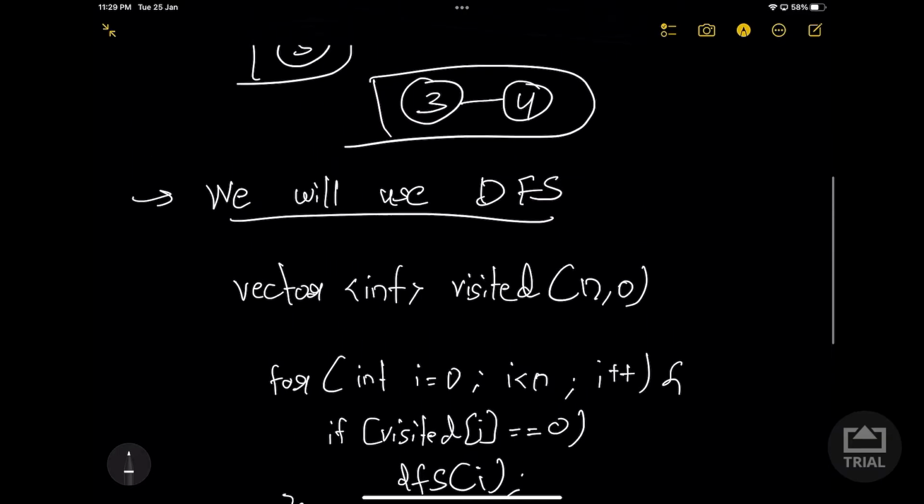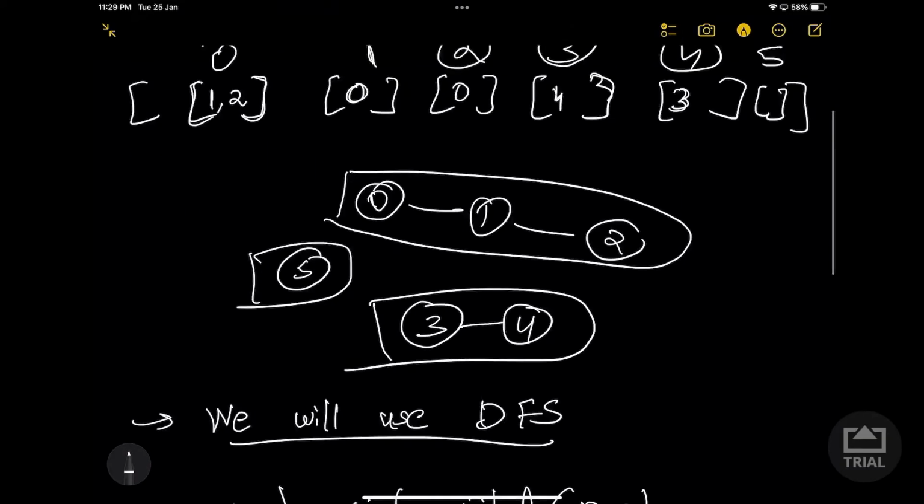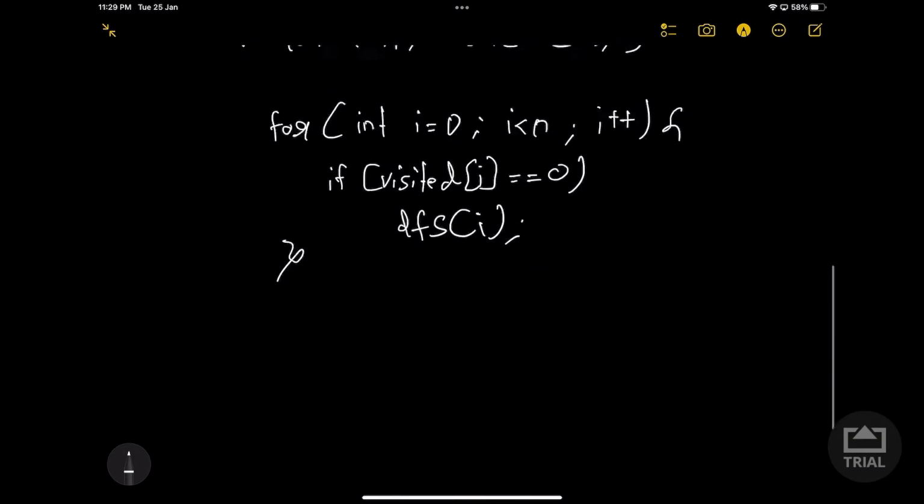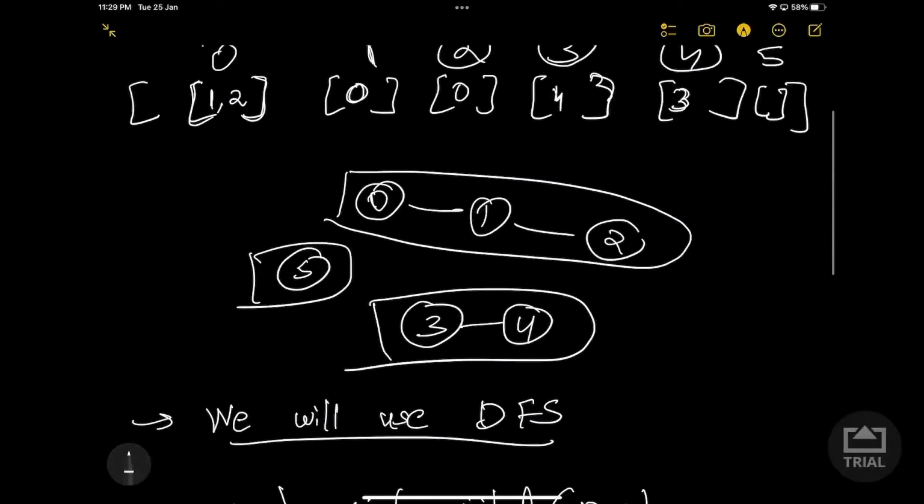So let's see what our DFS will do. Suppose the first node is the 0th node, so we applied DFS for this node. Our DFS function will mark this node as 1, visited will be 1 now, so we don't have to process this node again.